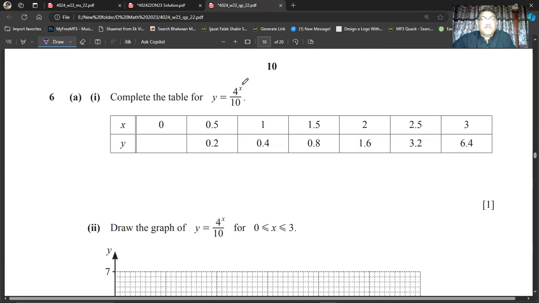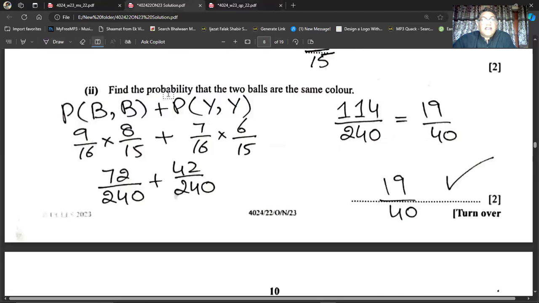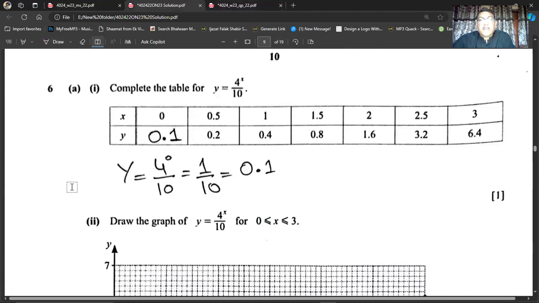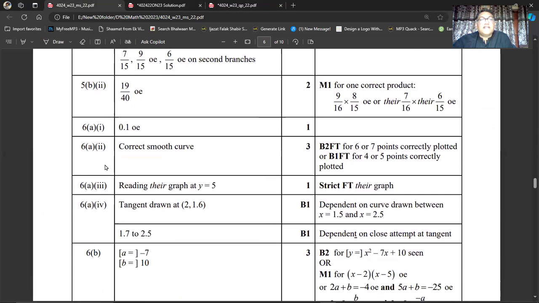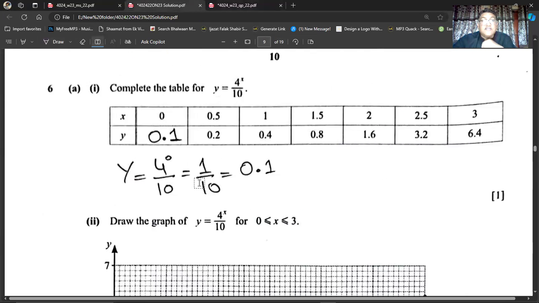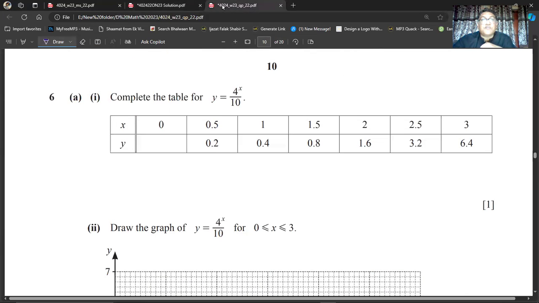So I will substitute the x with 0. So here, 4 raised to power 0, that is 1. And so 1 divided by 10, that is 0.1. So that value that comes here is 0.1. Our answer is right. This is the marking scheme, and this is how this is done. This is A, first part.